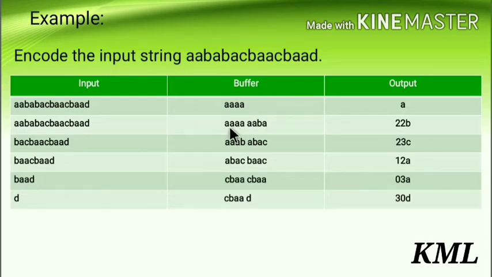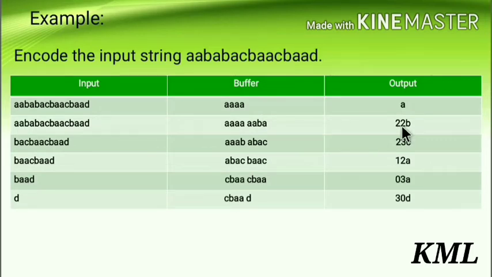So I take these 2 A's. What is the position here? 0, 1, 2. Since I am starting the match from this position, I get a 2 here.